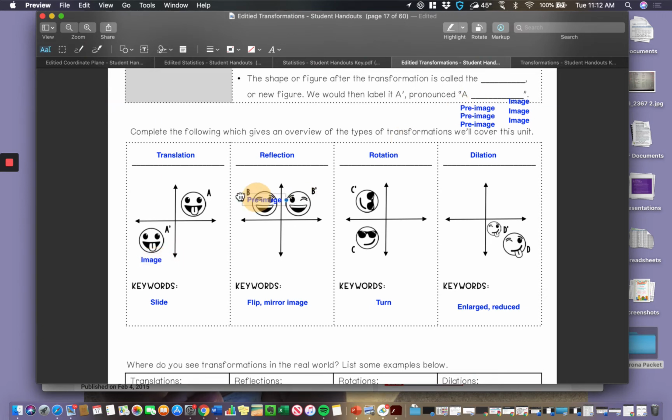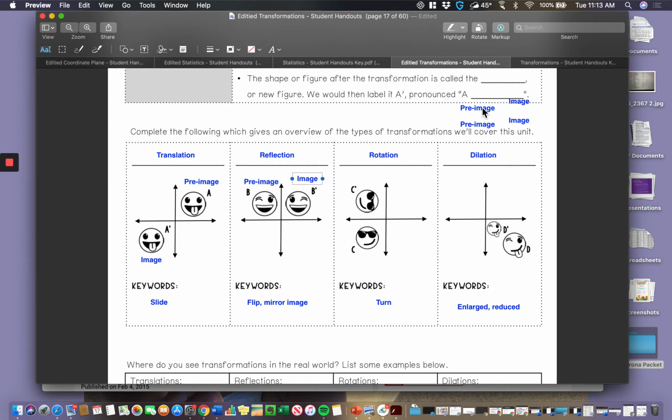Your pre-image is going to be your letter without that little accent mark, like an apostrophe. So for this one right here, my pre-image is the letter without the apostrophe, and my image is the letter with the apostrophe.